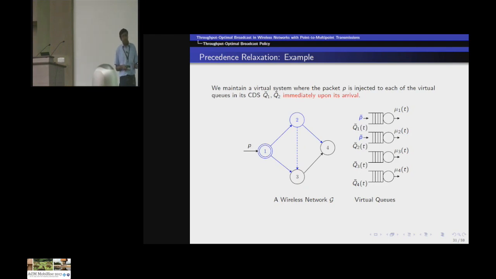Suppose packet P comes at source node 1, and there is some oracle that I'll be designing that gives a CDS of 1 and 2. This packet is immediately copied to these two virtual queues, 1 and 2, upon its arrival. I am not waiting for node 1 to transmit this packet to node 2 before I increment the queue counter. So this is my virtual system.